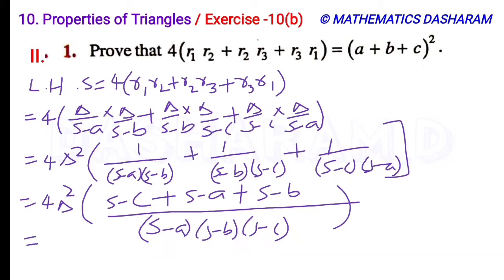So it is equals to 4 delta square bracket of, here S plus S plus S is 3S, and from these 3 take the minus common.